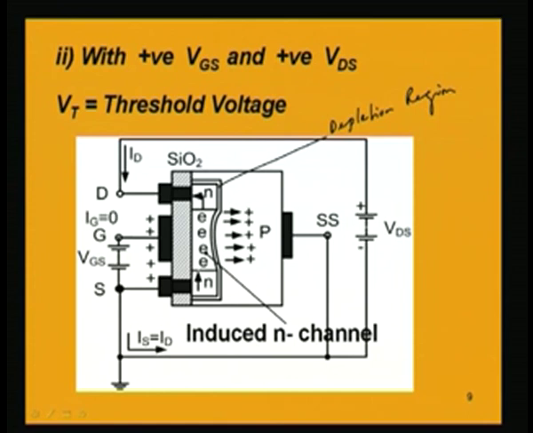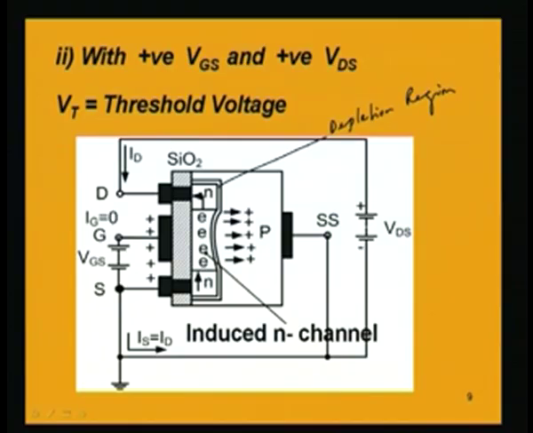N channel means the channel having negative charges or electrons. So, in between the two n-type semiconductors, which are the drain and the source, we now have an induced n channel because of the presence of the electrons which are attracted by the positive gate voltage, which are the minority carriers of the p-type substrate.